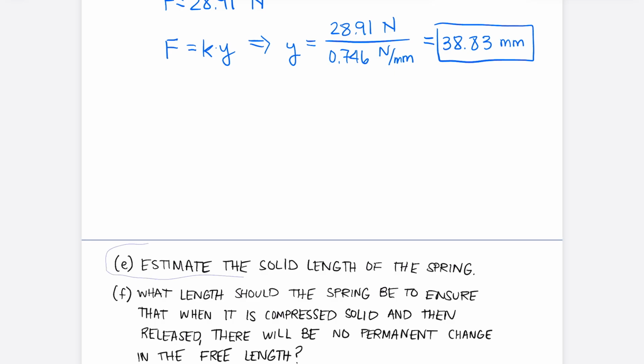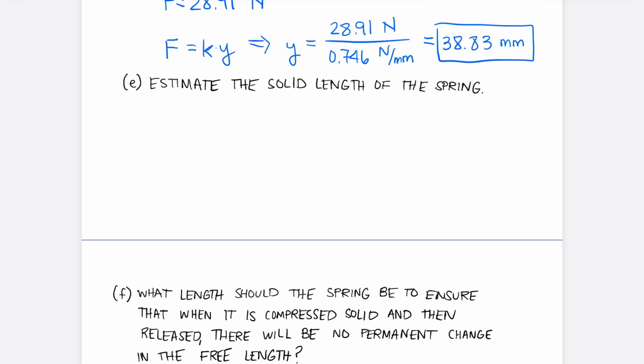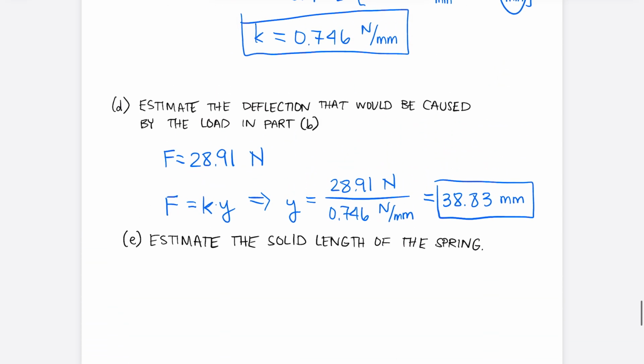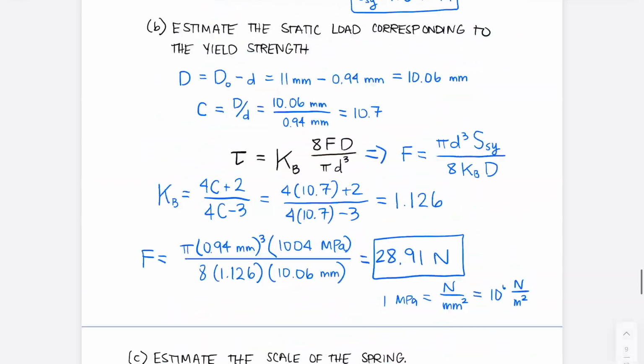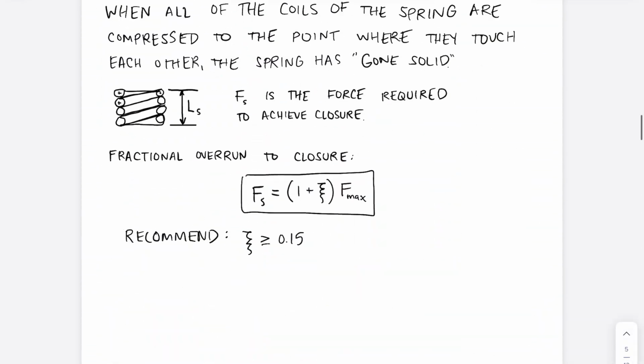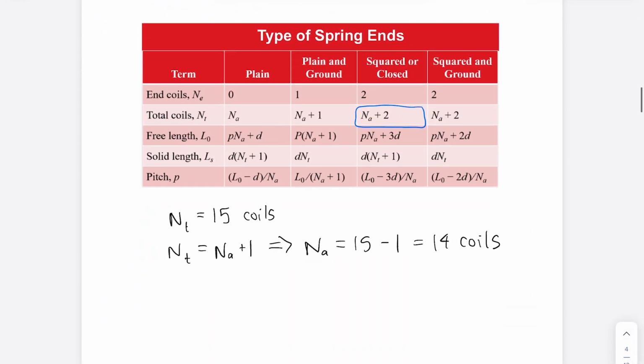Next, part E. Estimate the solid length of the spring. For this one, we can go back to table 10-1 to find an equation for this. So let's go up here. Here it is. We want the solid length of the spring, and we still have our squared ends.